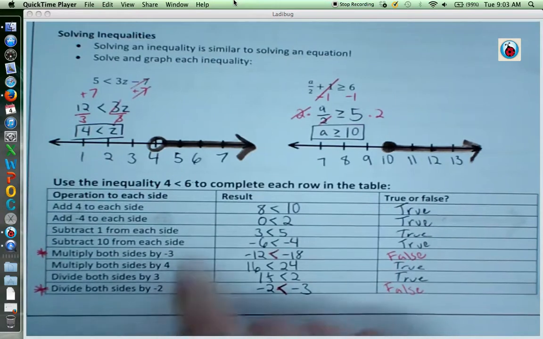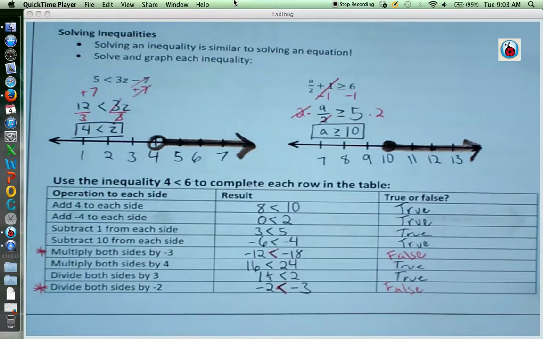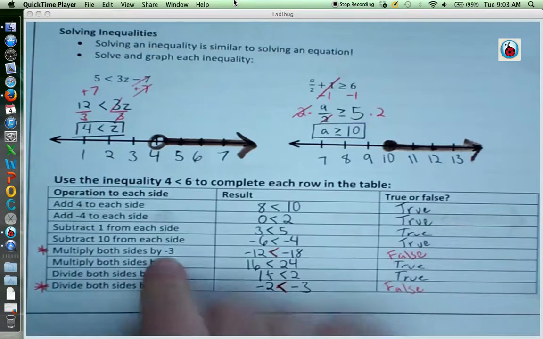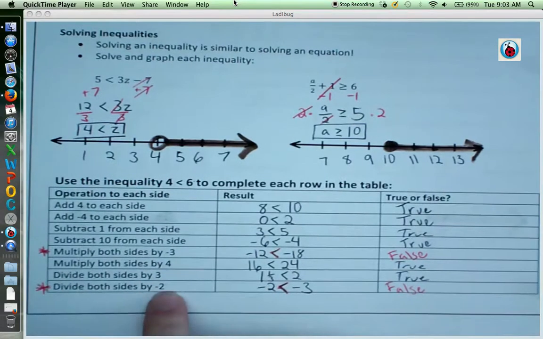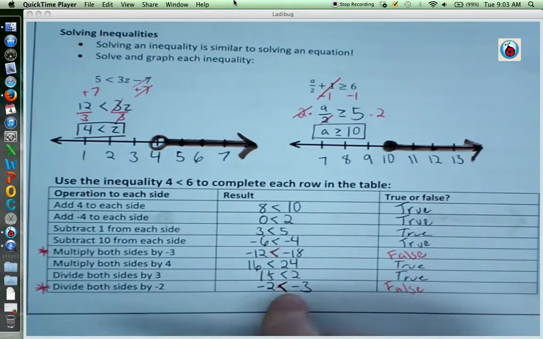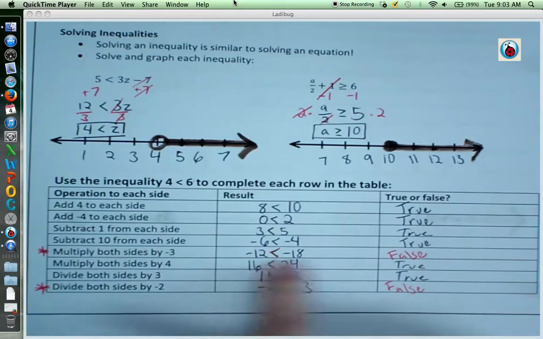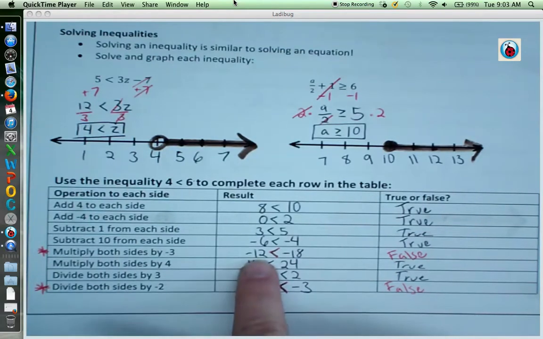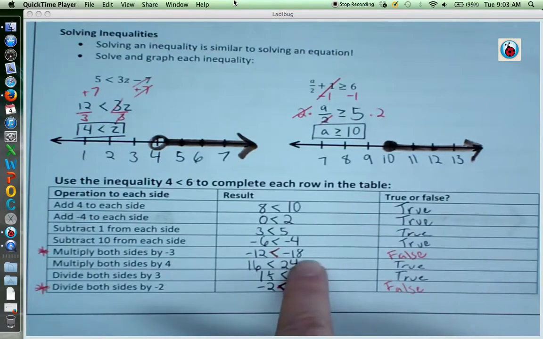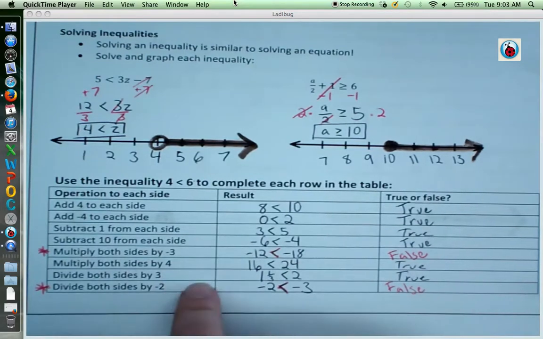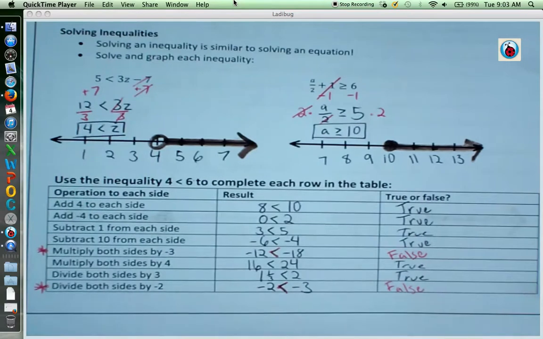And if I gave you other examples like this, it turns out multiplying by a negative number or dividing by a negative number makes this inequality symbol wrong. In order to make this correct again, I'd have to flip this inequality symbol around. What's actually correct here would be saying -12 is greater than -18. So these are two situations where we have to do something a little bit extra when we're solving inequalities. And that comes on the next page, page 105.